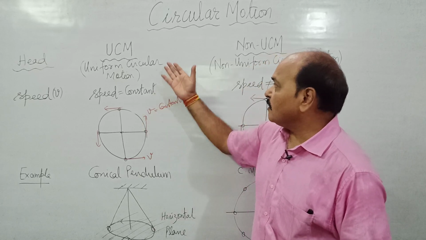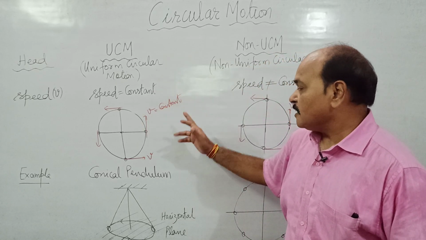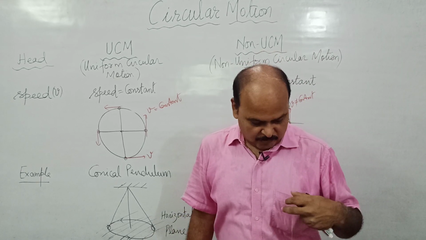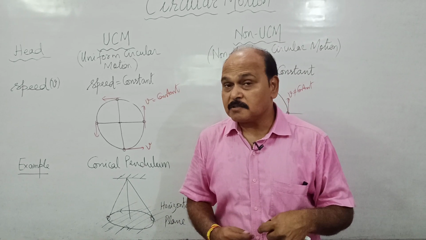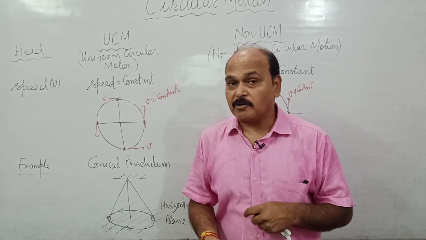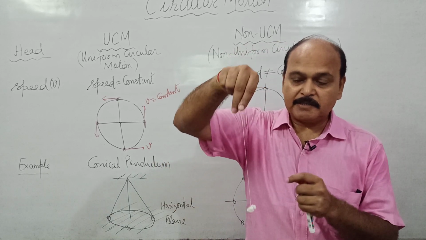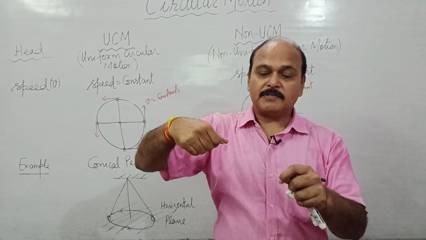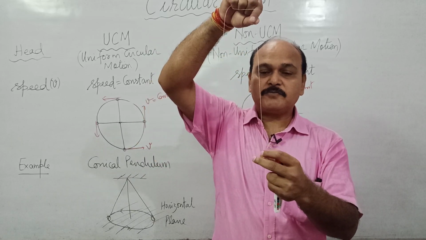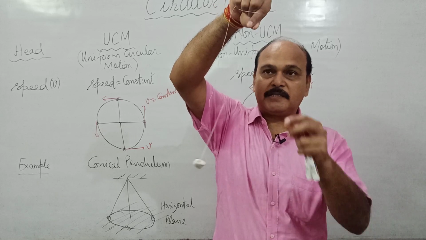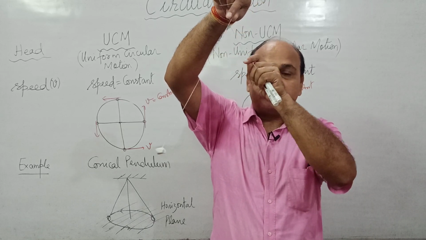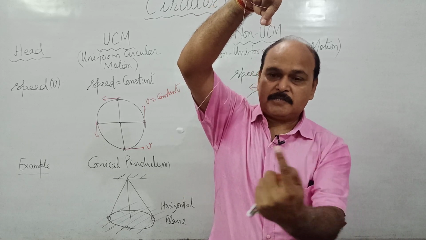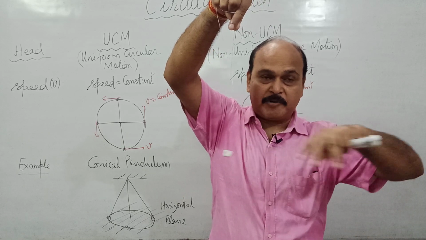A very popular example of uniform circular motion is the conical pendulum. So what is a conical pendulum? In a conical pendulum, a point mass moves on a circular path in a horizontal plane like this. If this is a point mass, or say this is a bob, this bob moves on a circular path like this in a horizontal plane. So this circular motion is taking place in a horizontal plane.